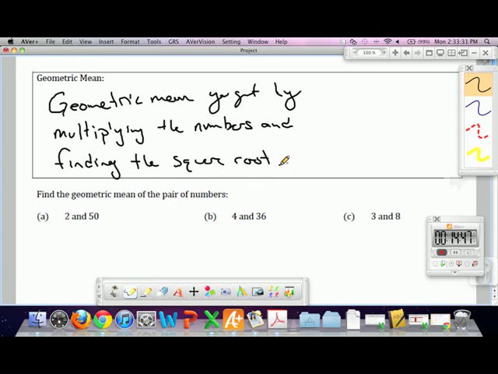So if I ask you to find the geometric mean of two numbers, take the numbers, multiply them together, and then find their square root.